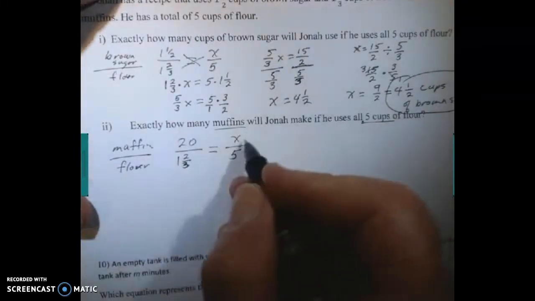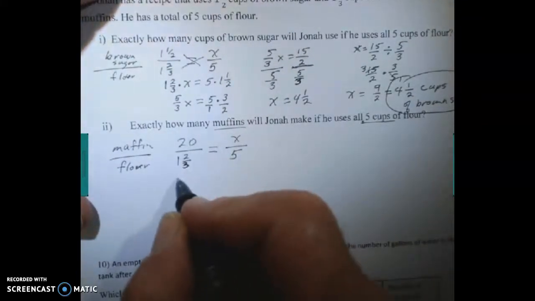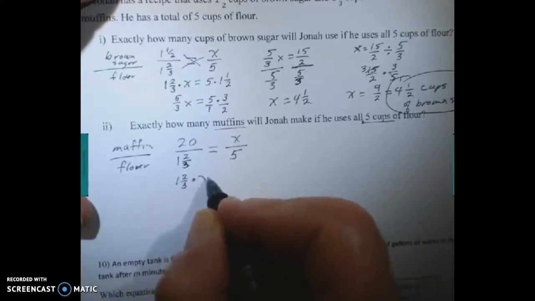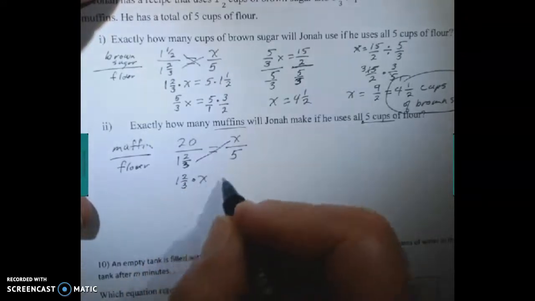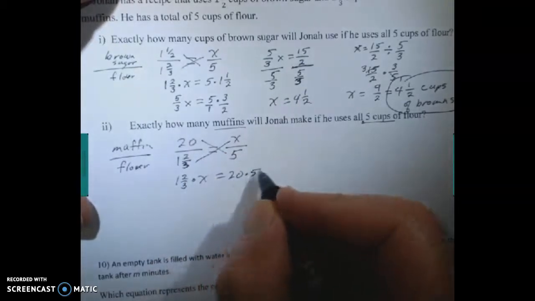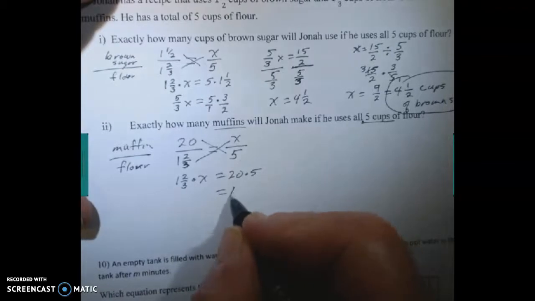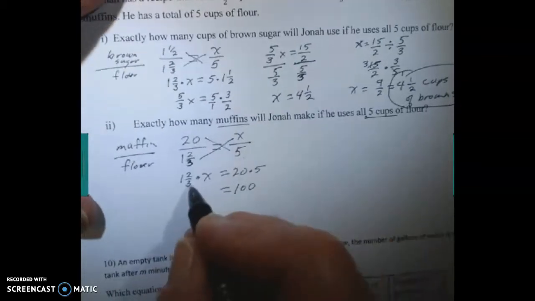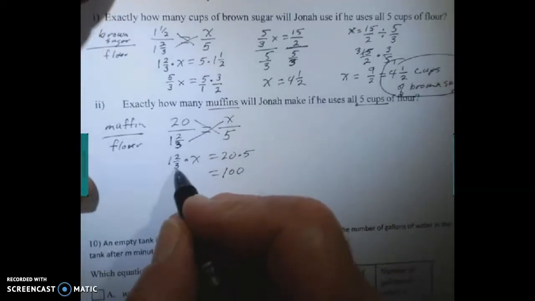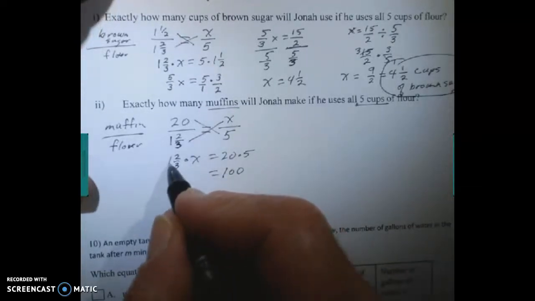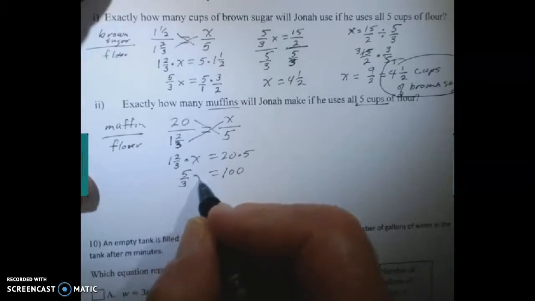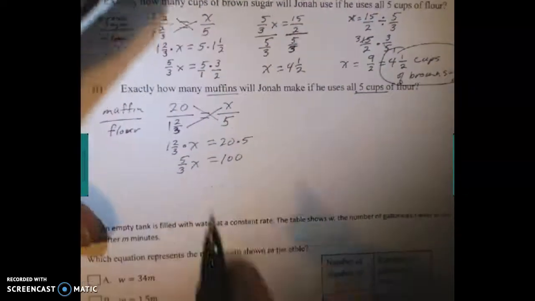So cross multiply. 1 2/3 times x, multiplying this way, has to equal 20 times 5. 20 times 5, that is 100. 1 2/3 times x, make that into an improper fraction. 3 times 1 is 3 plus the 2. This is 5/3 x equals 100.